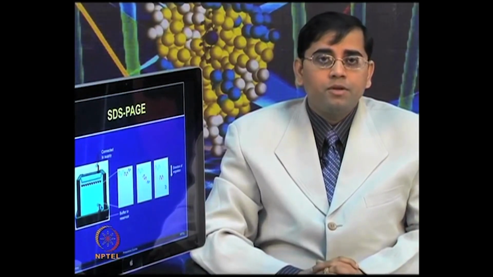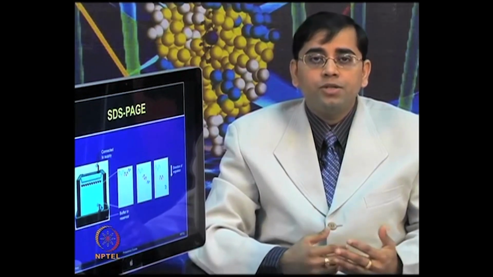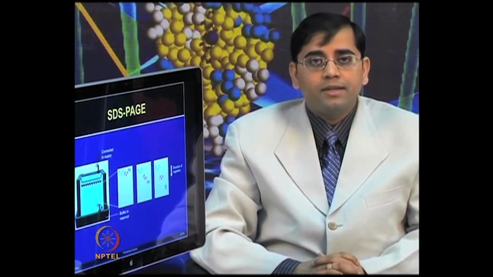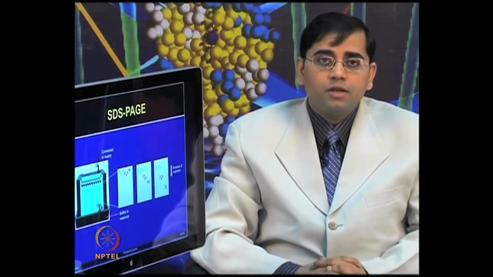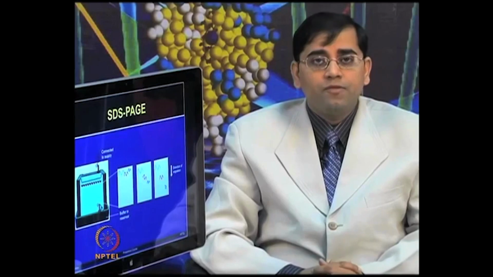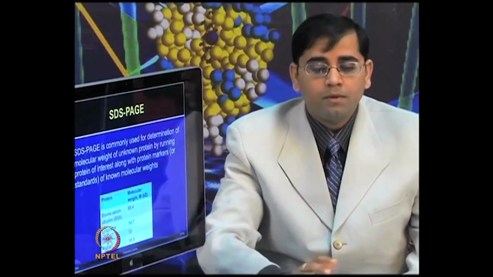Again, to remind you, here you are only making the resolving gel for better resolution and separation of the protein. The stacking part is not done for the 2D, which has already been done during the first process of IEF.